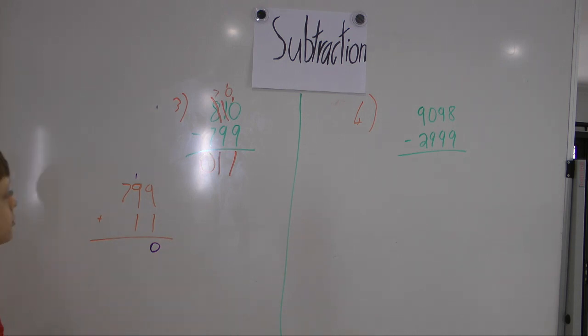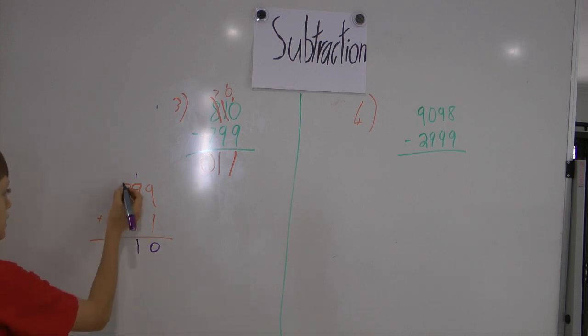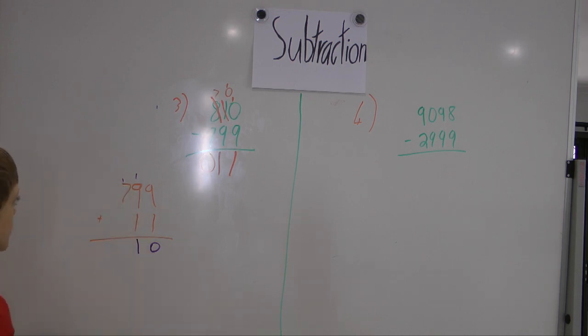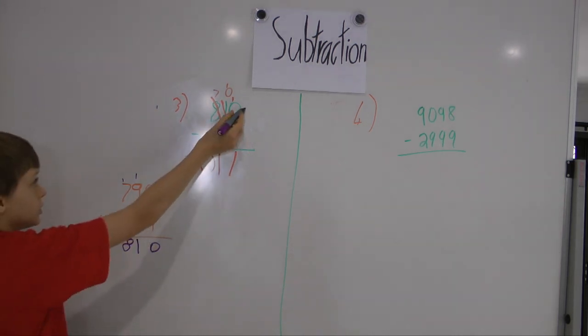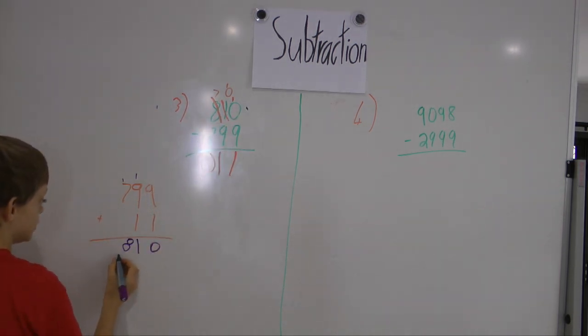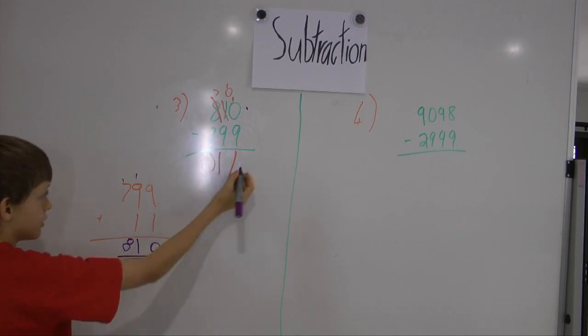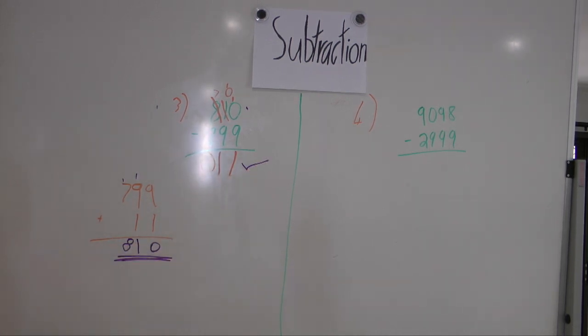Now it is 9 plus 1 is 10, plus another 1 is 11. Once again, you put the other digit of 7. Now it's 1 plus 7 is 8. So our answer is 810, which is the same as up here, so it is correct. So if you got 11 from the answer, you are correct.